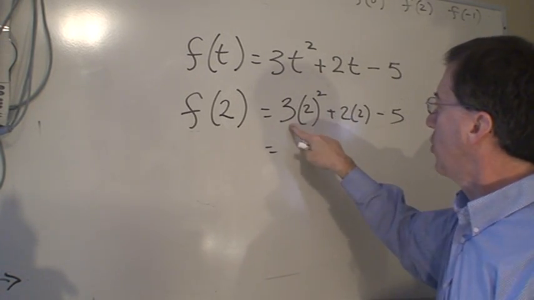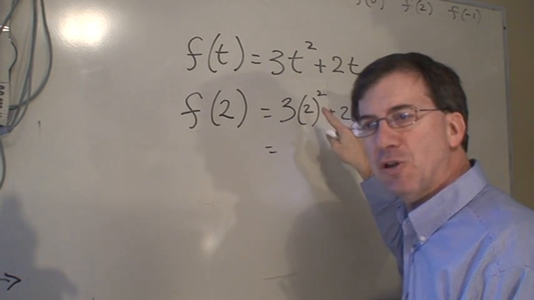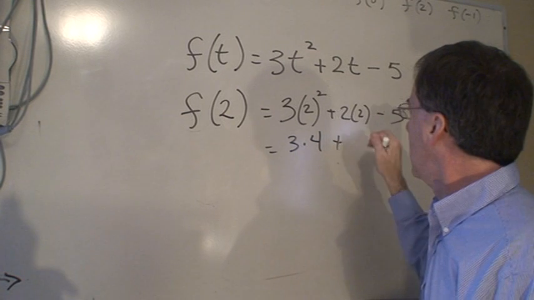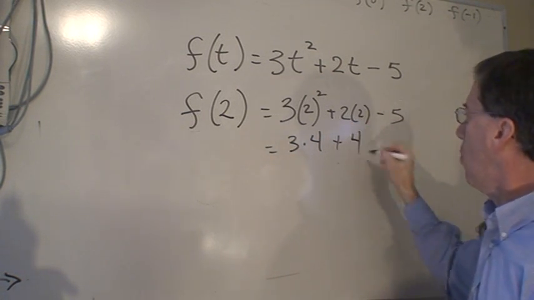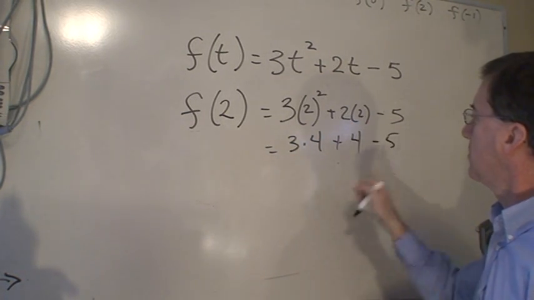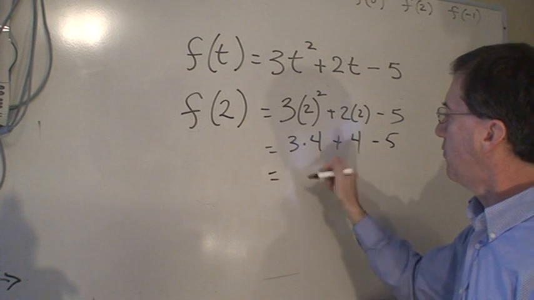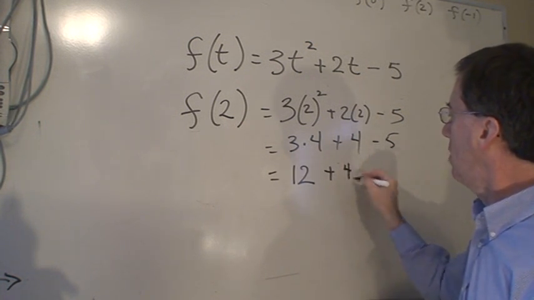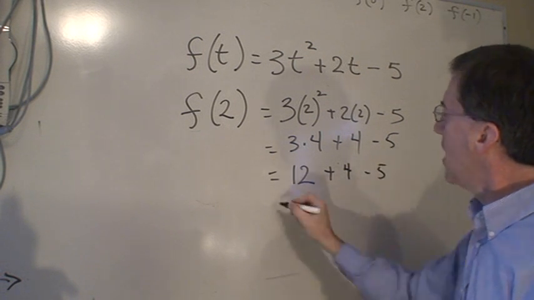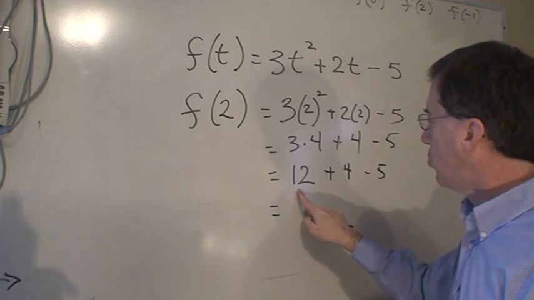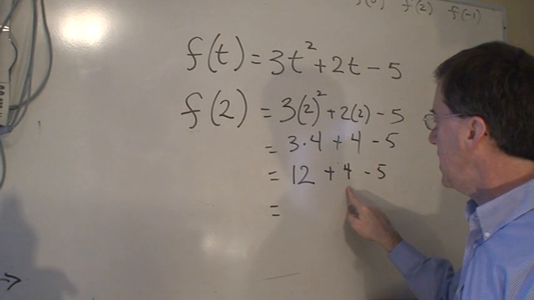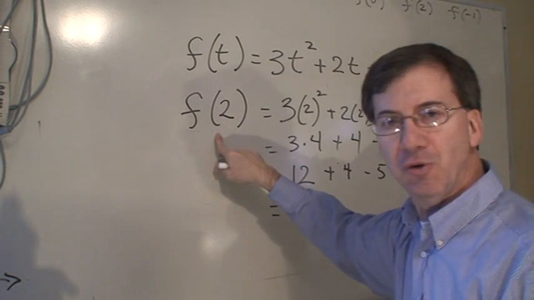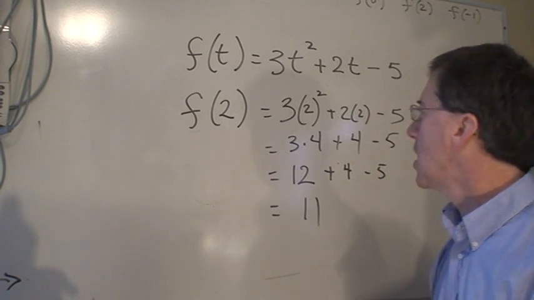So 3 times 2 squared. 2 squared is 2 times 2, so it'd be 3 times 4 plus 2 times 2 is 4 minus 5. 3 times 4 is 12, plus 4 minus 5, and going from left to right, 12 plus 4 is 16, minus 5 is 11. So f of 2 would be equal to 11.